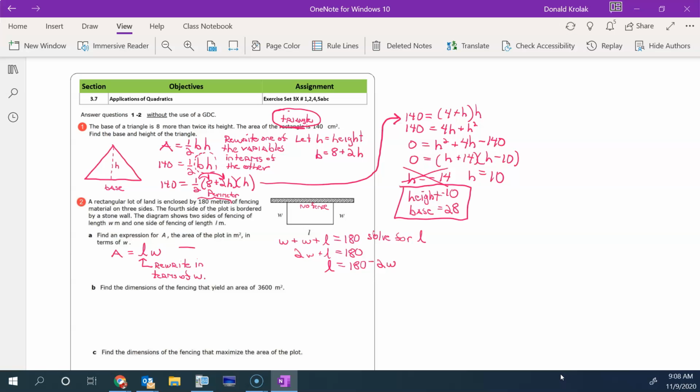So our new equation here, A equals W times 180 minus 2W.